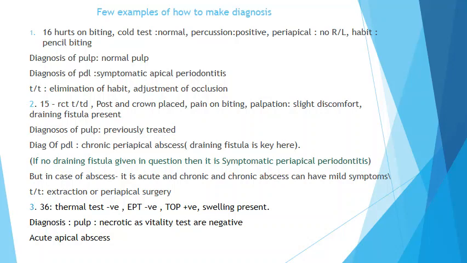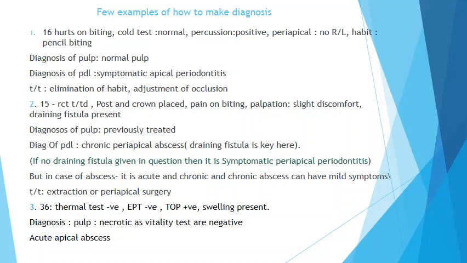Now pain on biting indicates there is some periodontal inflammation, and tenderness on percussion is also present, which also indicates periodontitis. Plus we have a habit of pencil biting, which is pushing us towards choosing periodontitis.